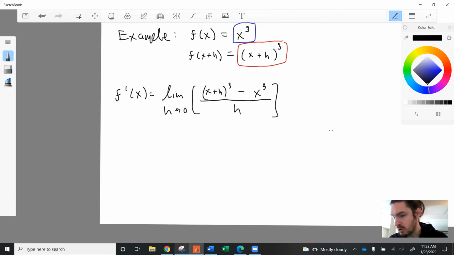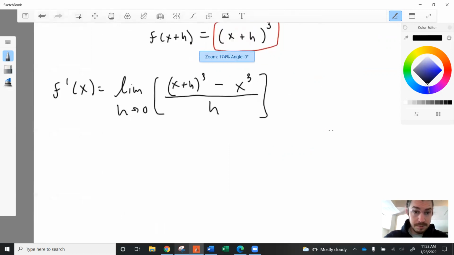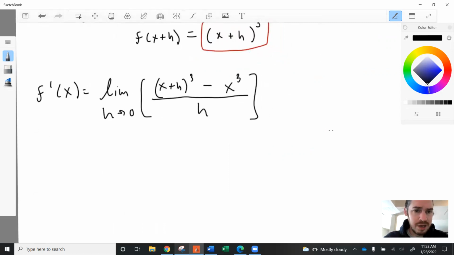That's okay. We approach it exactly the same way we did with the others. We're still going to apply some algebra manipulation to try to factor out an h in the numerator so that we can cancel that h in the denominator. Very similar to what we did in the previous video, where it was done in a specific case.